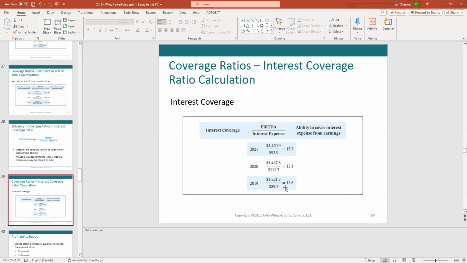Do you have to worry about increasing the debt? No. Why? Because you can easily pay your debt. You're generating 10%. The cost of the interest expense is only 2%. You're generating 8% income.